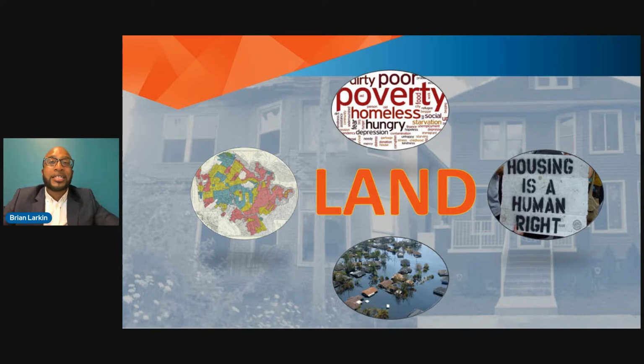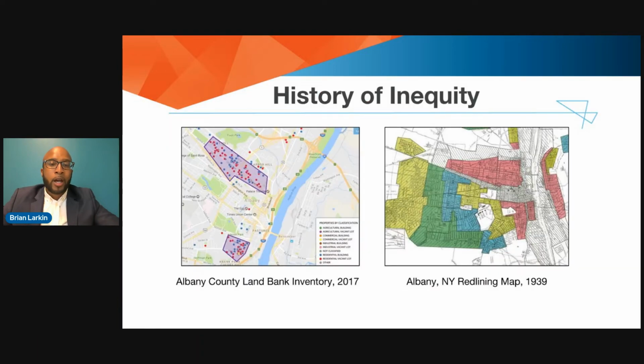And we recognize that these housing markets are not indifferent to the people that reside inside of them. And so when we're looking at the work of land banks, we are working to address systemic inequities that are embedded within our housing system, that are embedded in our real estate markets, and help address some of these persistent vacancy issues that we're seeing throughout.